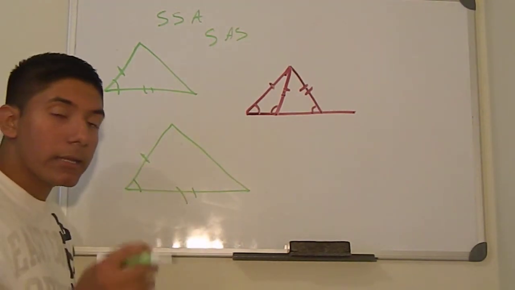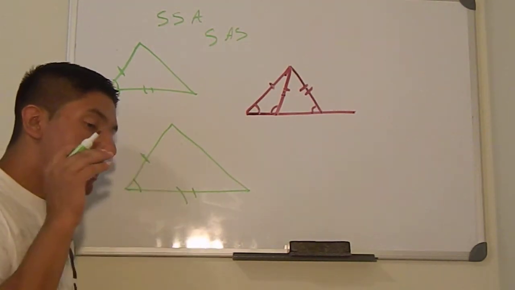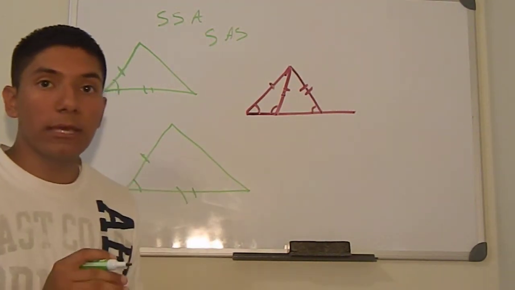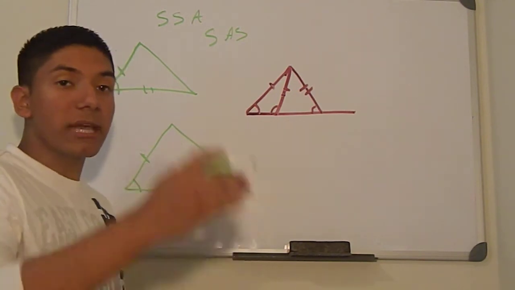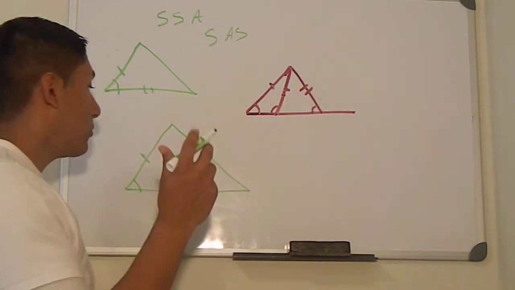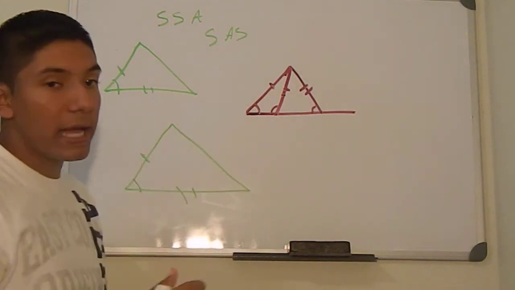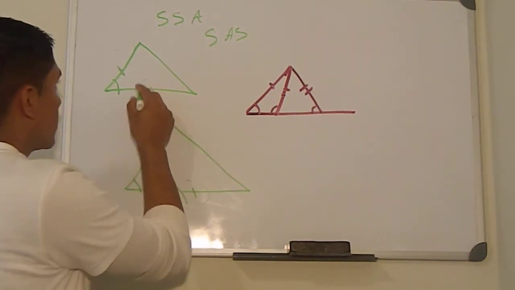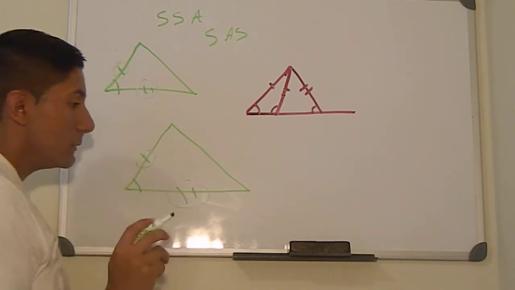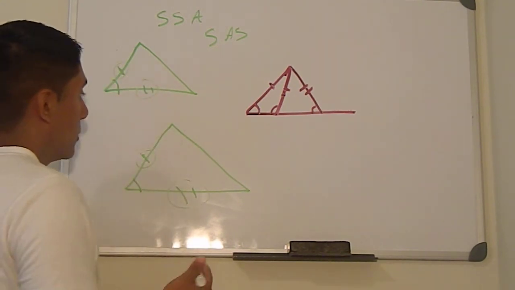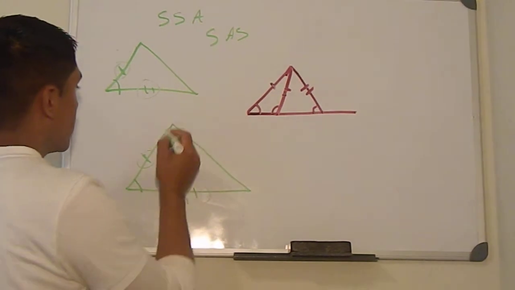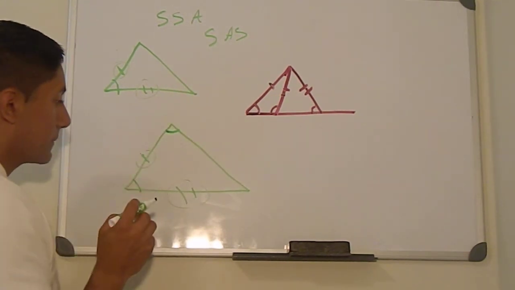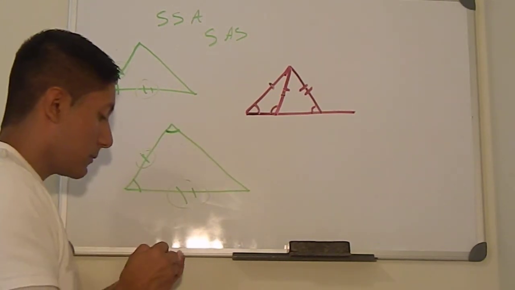And we know that the angle and a side have a specific relationship. As the angle grows, the side grows. As the angle gets smaller, the side gets smaller. We know these two for a fact to be equal.